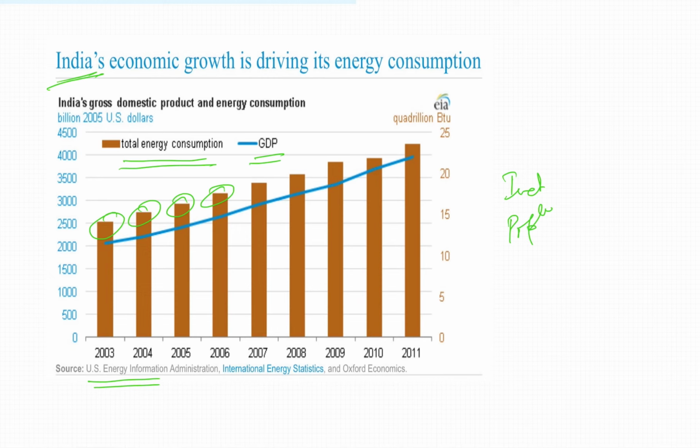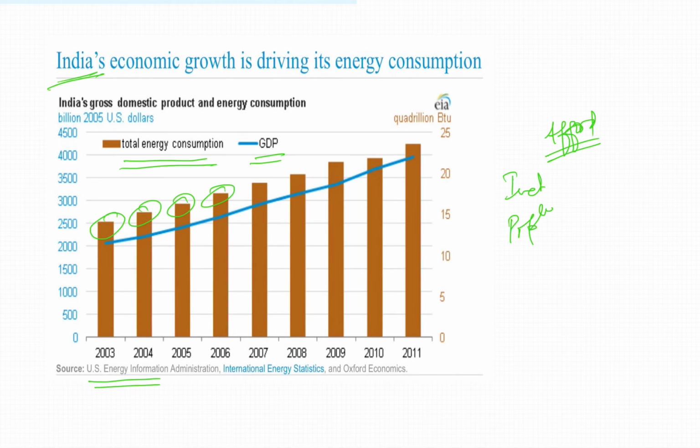Alternative energy, solar energy, hydroelectricity, power generation, all these things. Now, why are people consuming? Because people can afford it. This word is very important in economics: affordability. Now, if affordability has gone up, it means people's income has gone up.